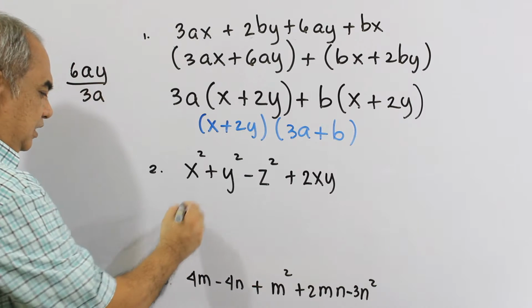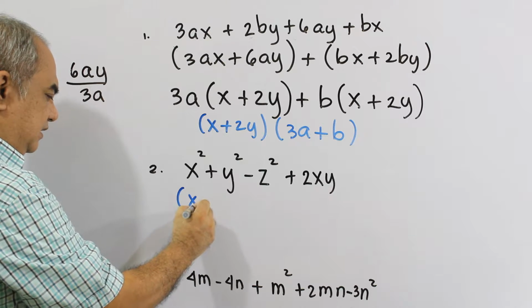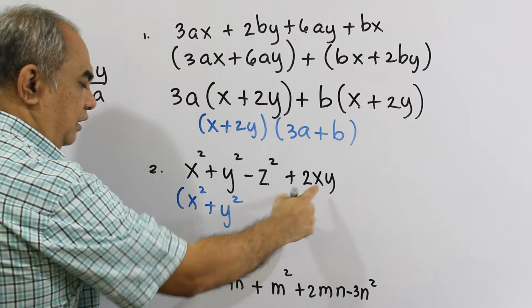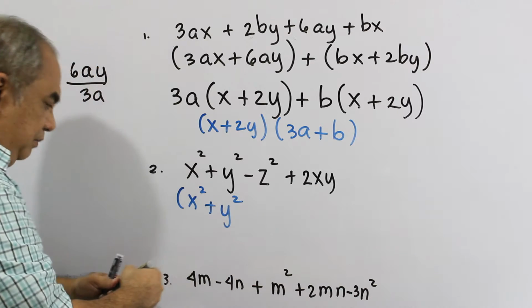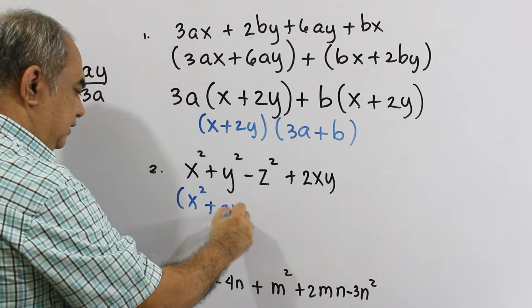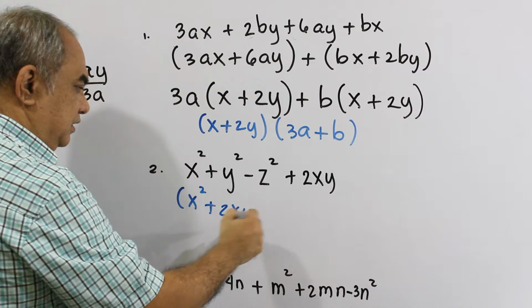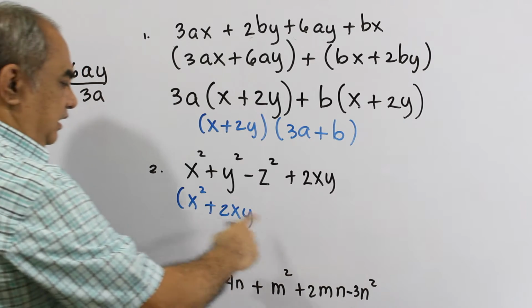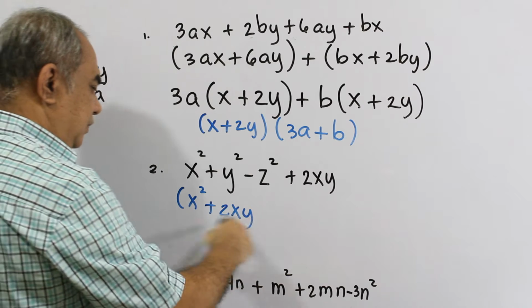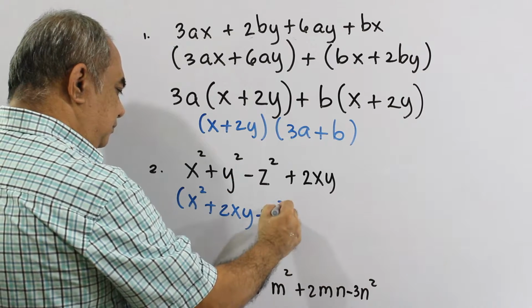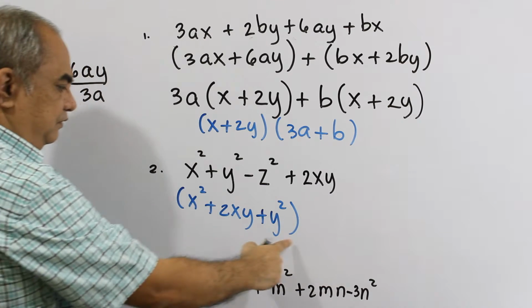Now let's do it. So let's group this as x squared, maybe we can write first the 2xy. Again, this is commutative because of addition, so we can put the addends in any order. And then last we have plus y squared. Now this is our first group.